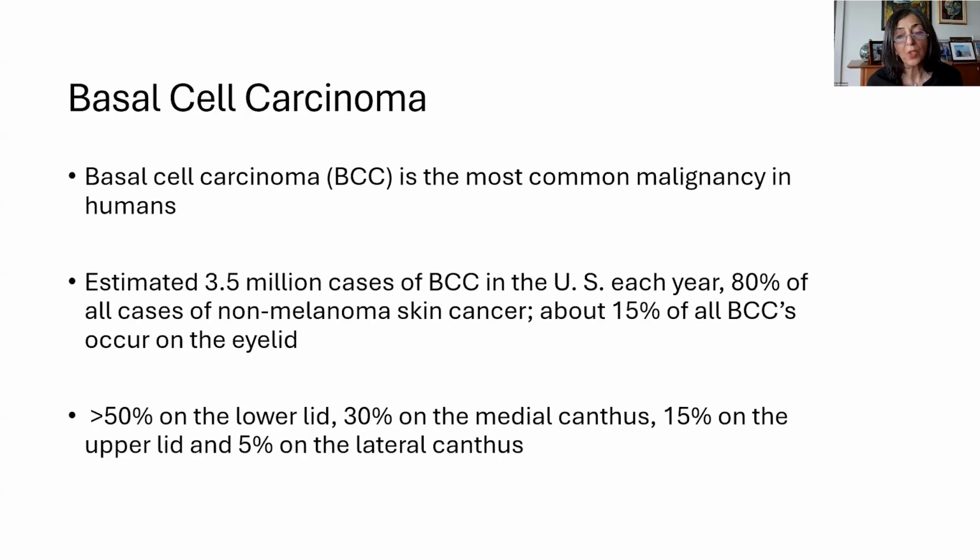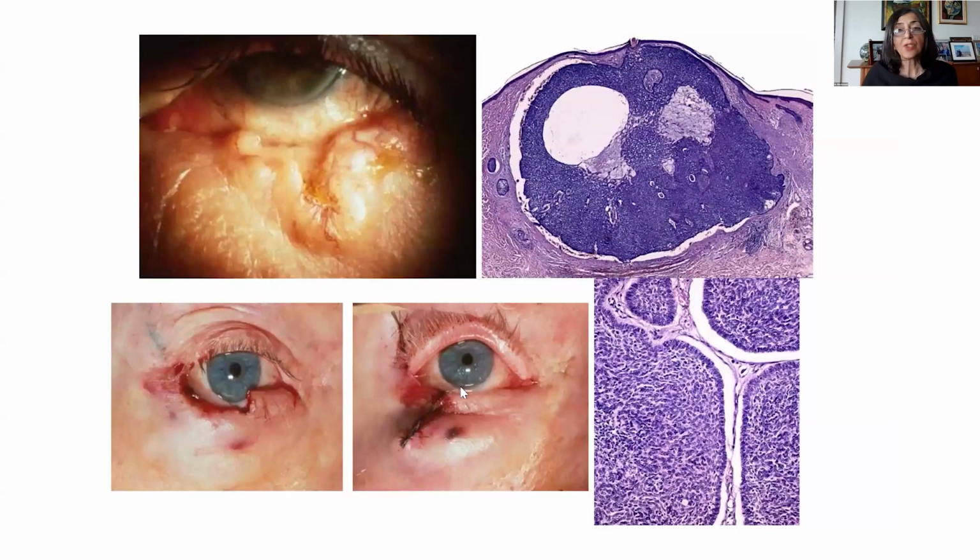And most often they happen in the lower eyelid, but they can also occur in the medial canthus, in the upper eyelid, and in the lateral canthus in less frequency. So a typical case may be, as shown in this photo, we talk about typical features of basal cell cancer, usually a slow-growing lesion that has pearly gray borders. It has some telangiectasia.